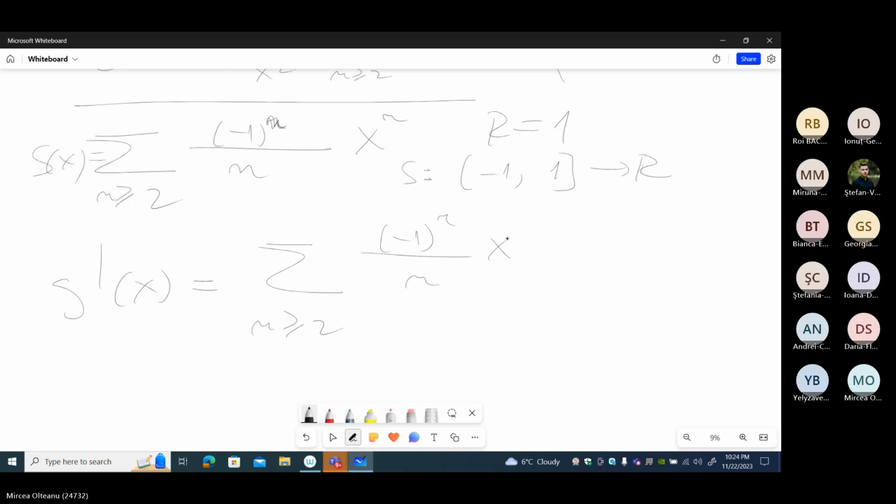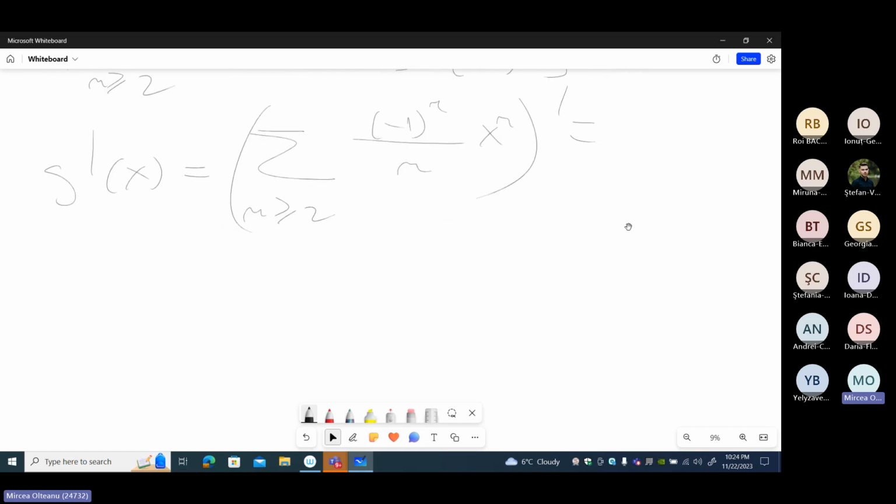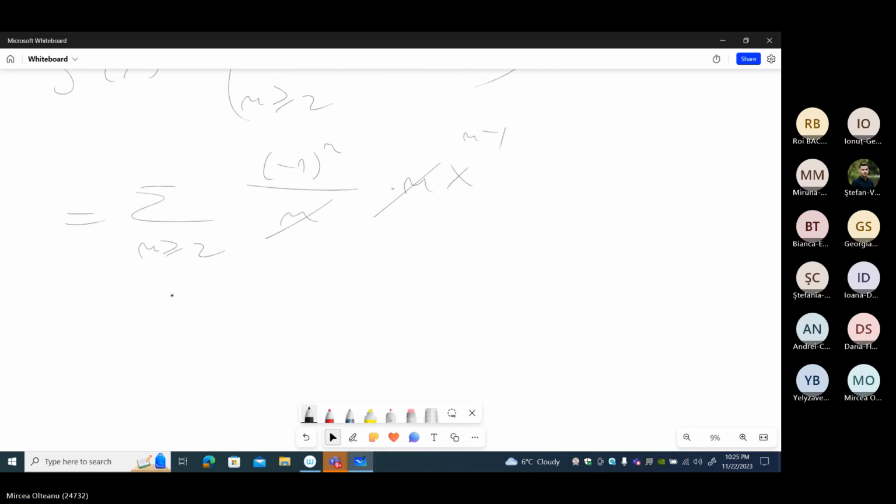this one, derivative. Now we use the property that power series can be differentiated term by term, so we get n x^(n-1), yes. We simplify by n, and we get the following geometric series actually.